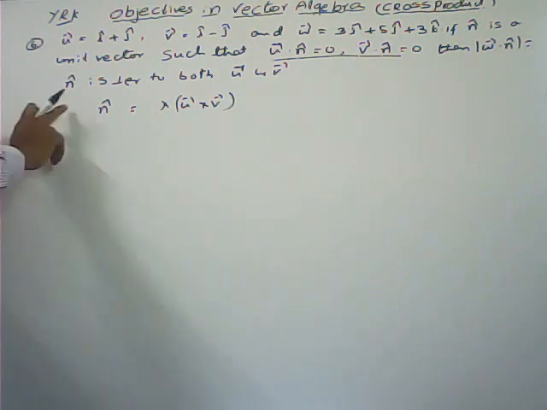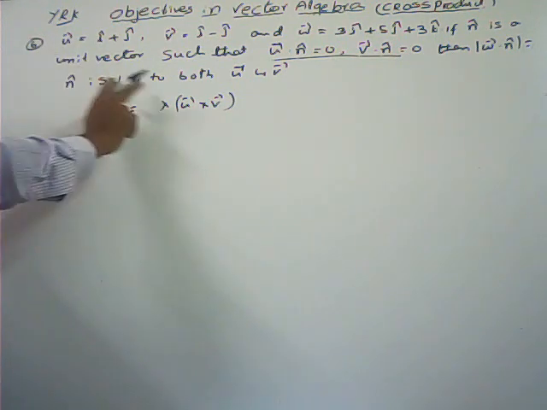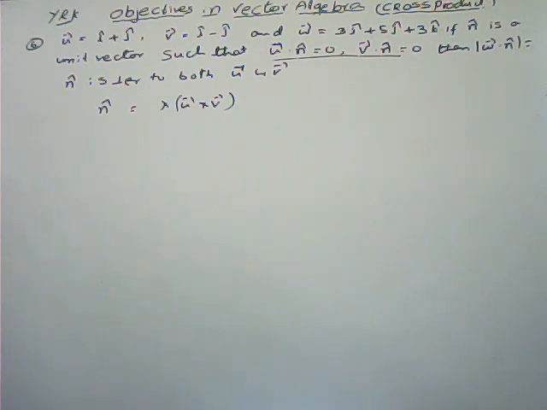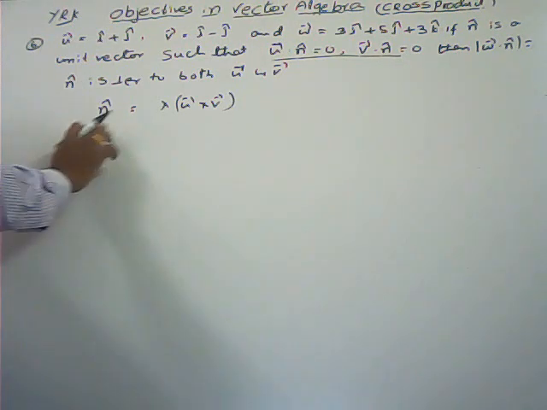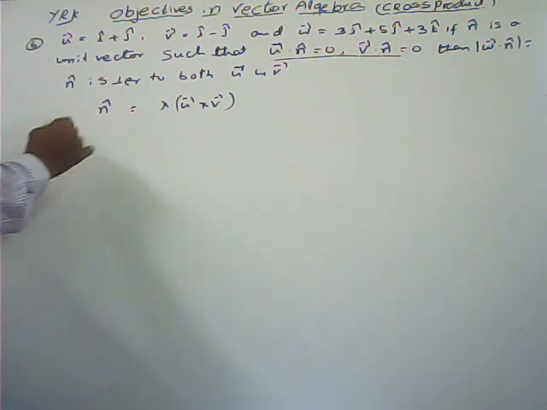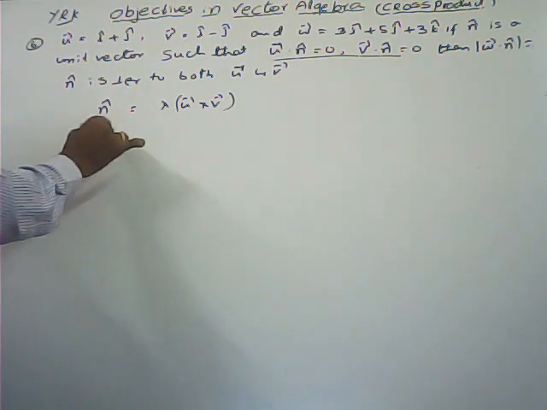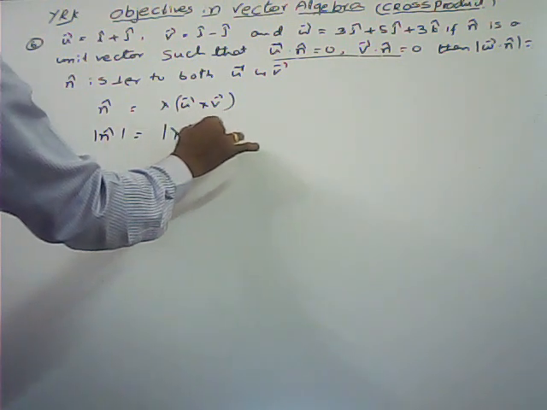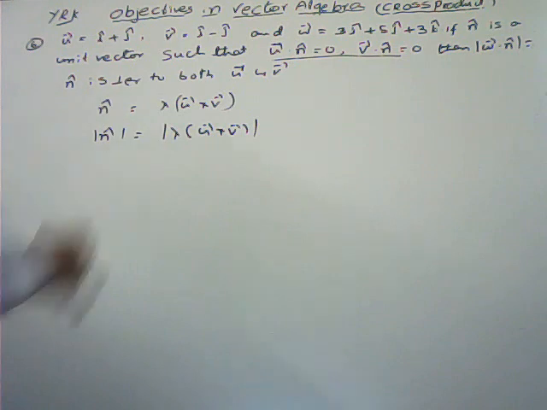N cap, that is the vector perpendicular to both u bar and v bar, is in the direction of u bar cross v bar only. So n cap equals lambda times that one. I am taking modulus on both sides. Modulus of lambda into u bar cross v bar.